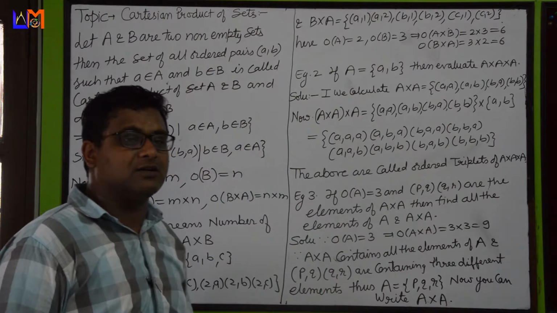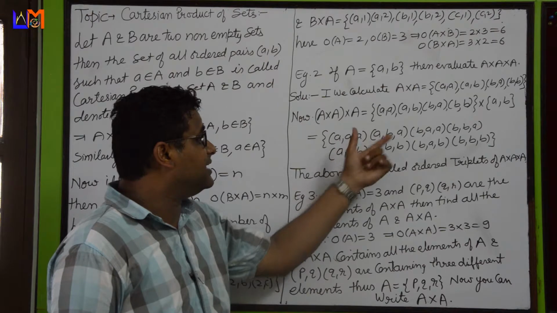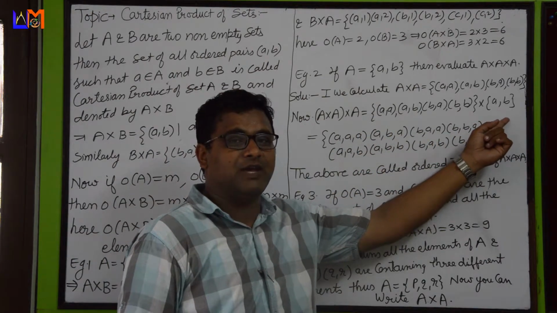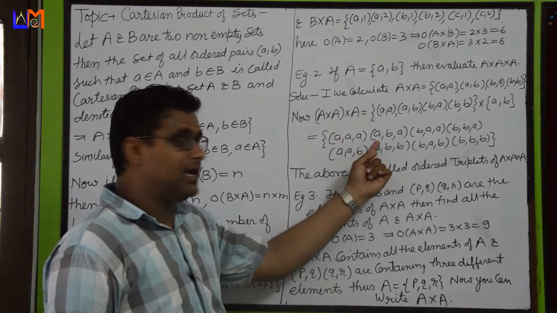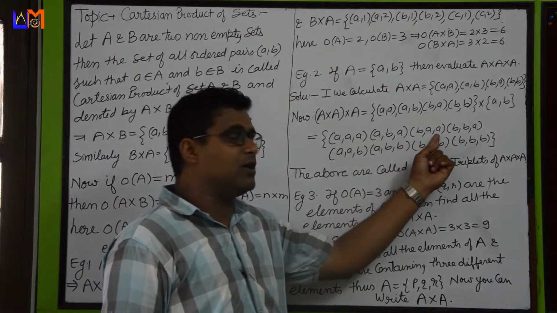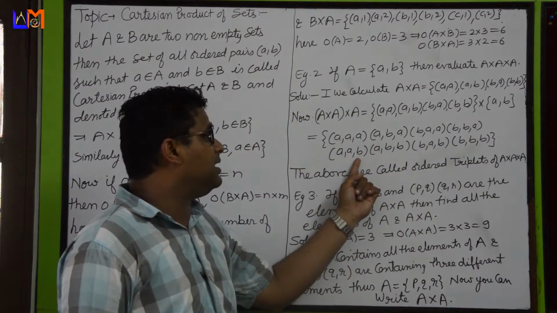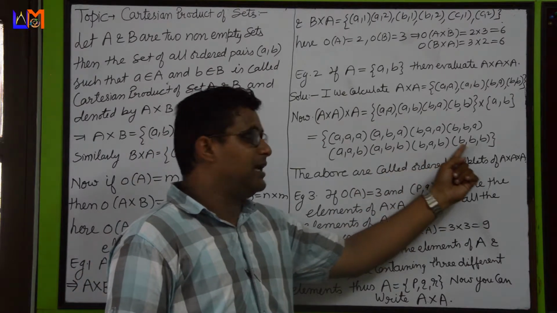Now we will take the product of A cross A with A, that is all these four ordered pairs with a, b. So we'll get (a,a,a), (a,a,b), (a,b,a), (a,b,b), (b,a,a), (b,a,b), (b,b,a), and (b,b,b).